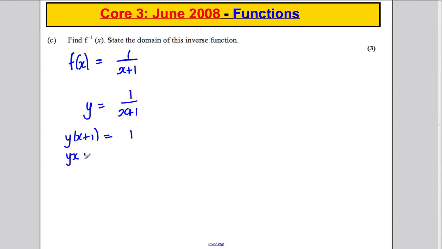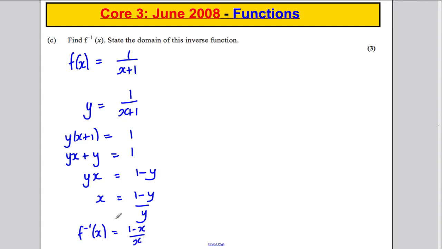Expand out the brackets. And then make x the subject of the formula. So we get yx is 1 minus y. And therefore x is 1 subtract y over y. So therefore we could state that f to the minus 1 of x must be 1 subtract x over x. And that is the inverse function.